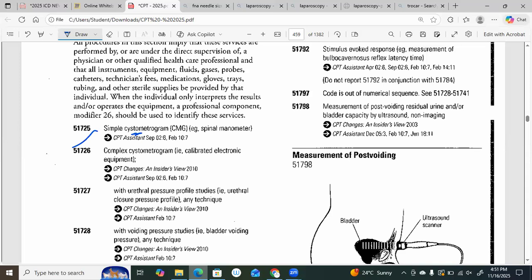Cysto means bladder. This study will help us understand how much fluid the bladder holds. It will review the pressure, that is, how much pressure build-up inside the bladder the patient can easily manage.